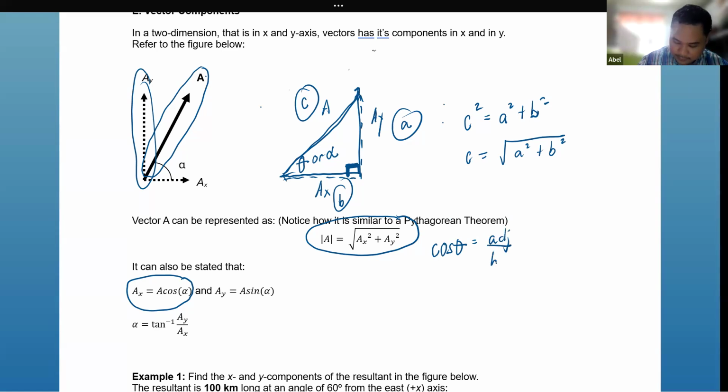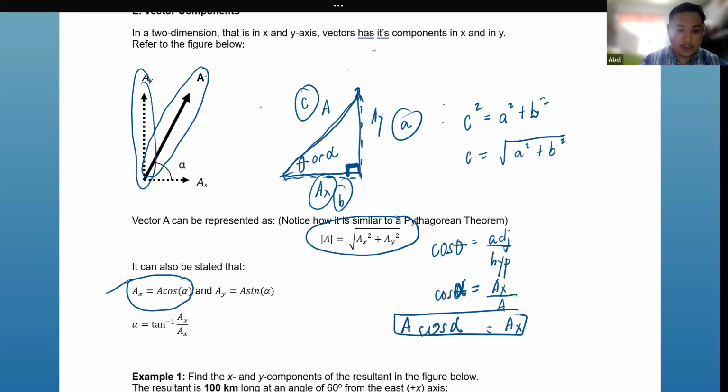If you remember your SOHCAHTOA, cosine is adjacent over hypotenuse. So what is the adjacent side? The adjacent side would be the AX, and the hypotenuse is this A. So if we replace theta with alpha, AX would be the cosine of alpha multiplied by A.